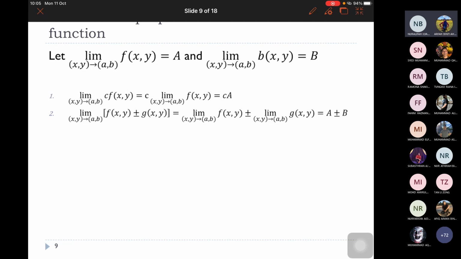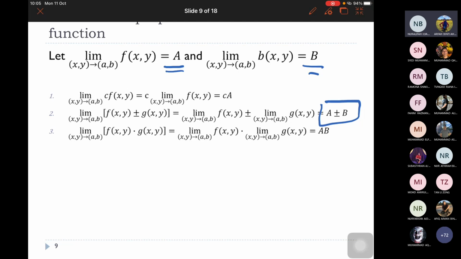So the addition and subtraction rule: if the limits of function f and function g can be added and subtracted, the values of the limits are A and B, so we can do it. The addition and subtraction of the functions will be A plus or minus B. That is the addition and subtraction rule.